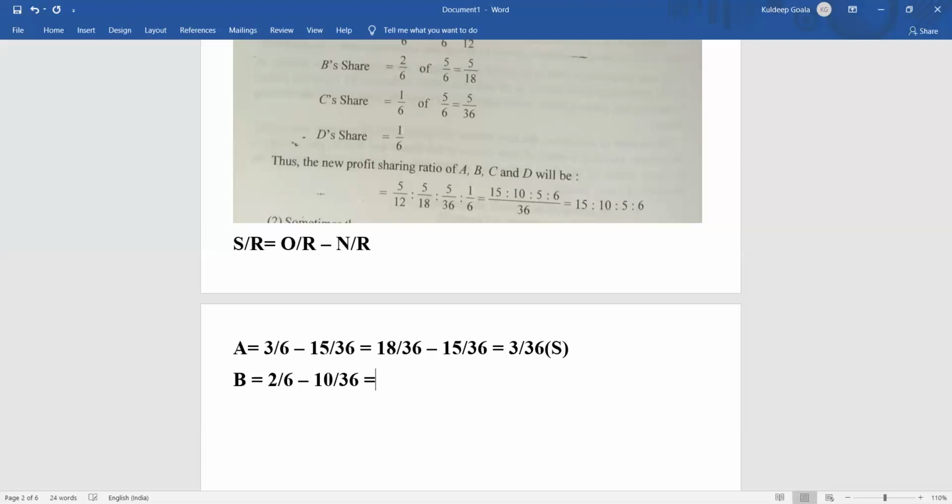Same way we will convert here also: 12 by 36 minus 10 by 36. So ultimately you are getting 2 by 36. Okay, this is also again a sacrifice.